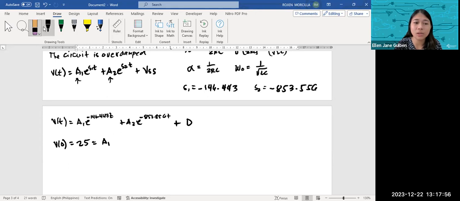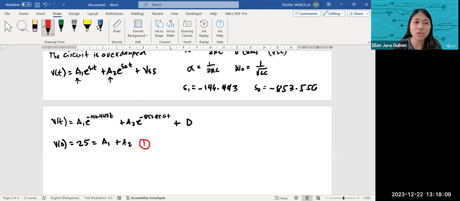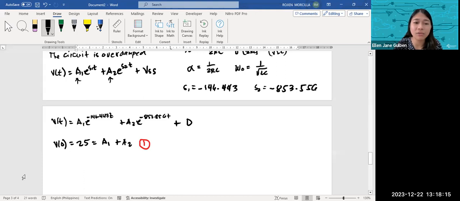We have equation 1, but we have two unknowns, so we need two equations. Where can we get the other equation? We get the other equation by deriving this.